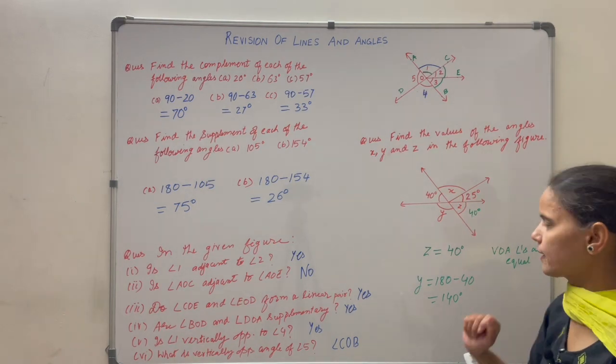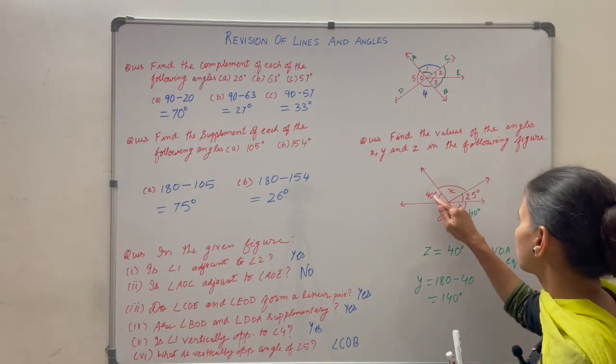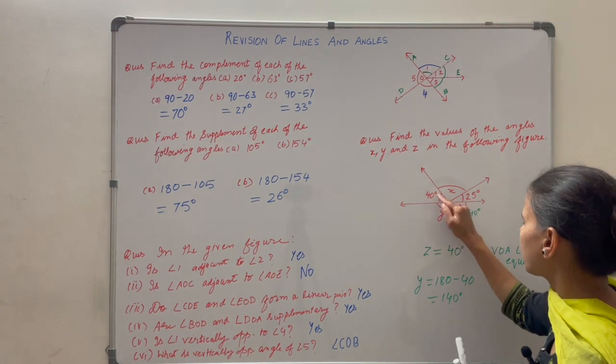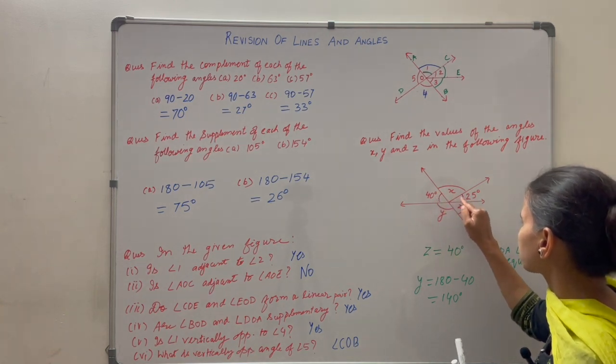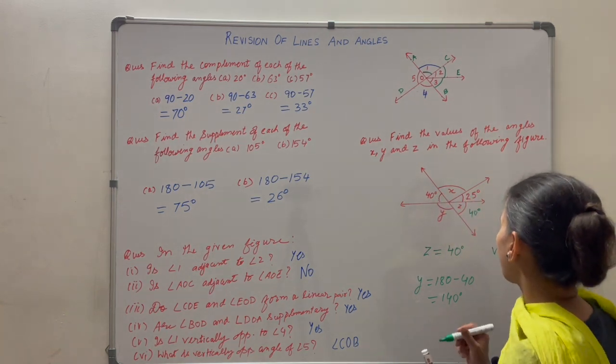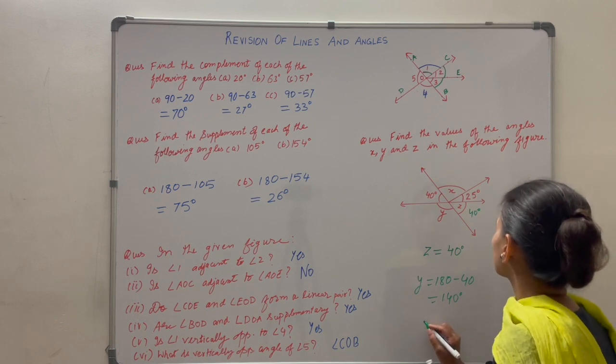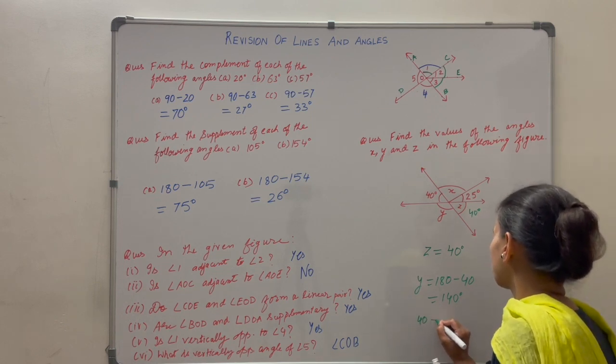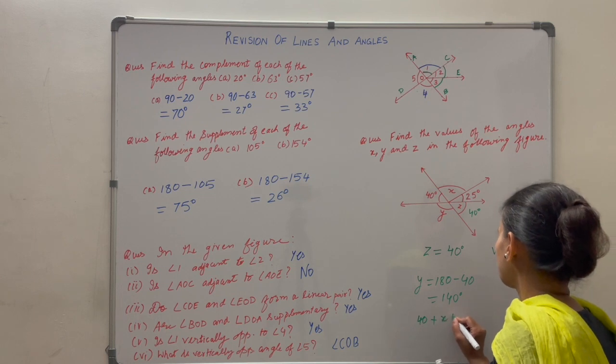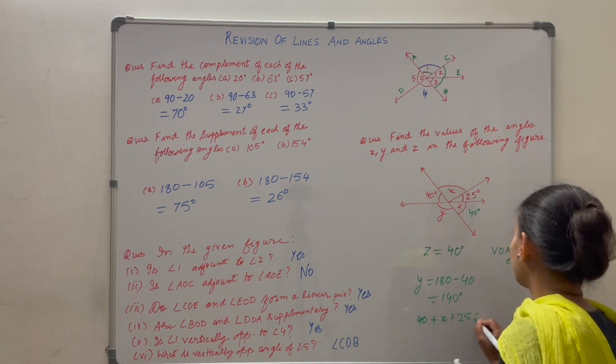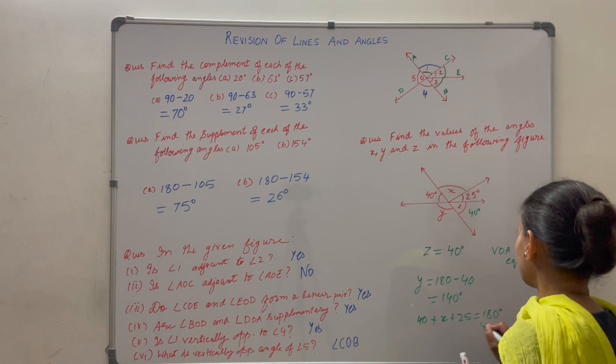Let us find angle x. To find angle x, you can use angles on a straight line add up to 180 degrees. So 40 plus x plus 25 is equal to 180 degrees.